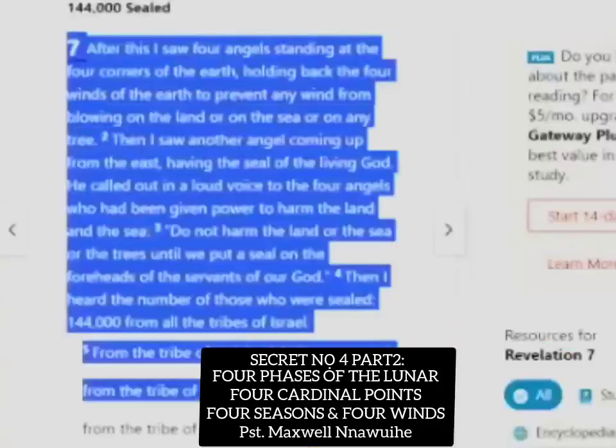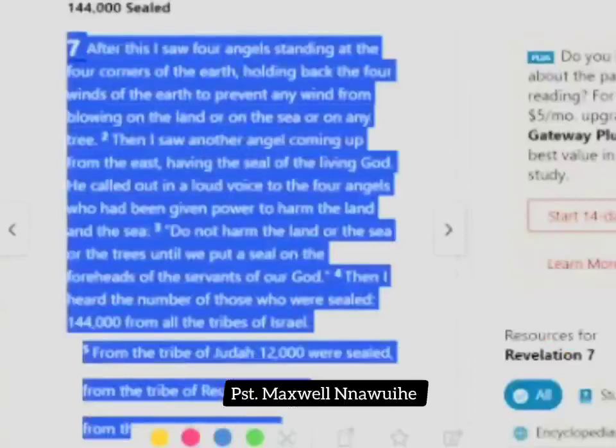Can you shout amen? We are going to the number 3, 4 cardinal points. We are looking at the secret number 4 and the significance of number 4. This is what we are studying today. Let me bring to the screen the book of Revelation chapter 7 verse 1 to 3. If you are just joining us, this is the concluding part of our teaching series, Unveiling the Secret Numbers of 2024.